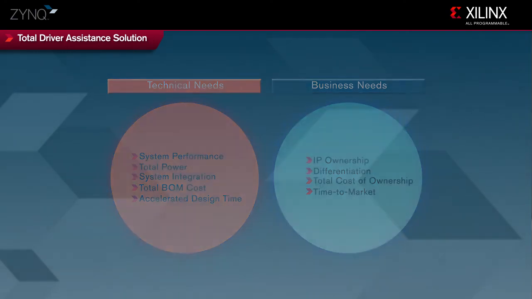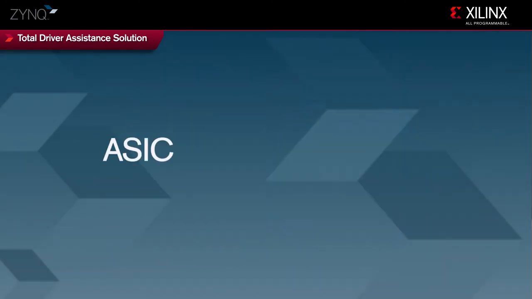The high NRE associated with ASIC and the me-too problem of ASSP are both avoided. Finally, the inherent flexibility and productivity gained from highly integrated, all-programmable silicon, tools, and a ready ecosystem allows Zynq adopters to navigate the time-to-market challenges associated with the rapidly advancing DA market.